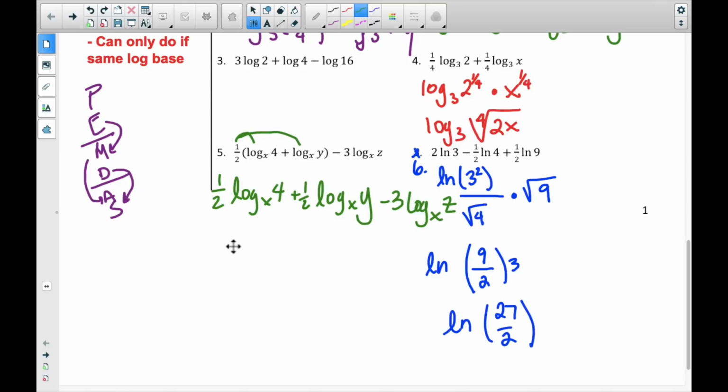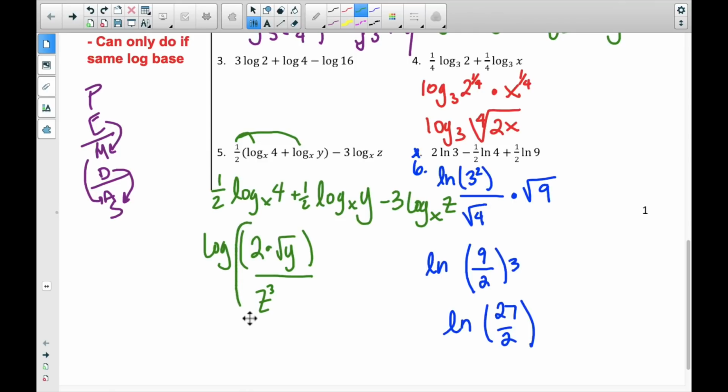Power of 1/2 means the square root. So what I really have is the log of the 1/2 power of 4, that's 2. I have a plus, that means I want to multiply, and I have the square root of y, and then I have minus, that means over, z to the third.